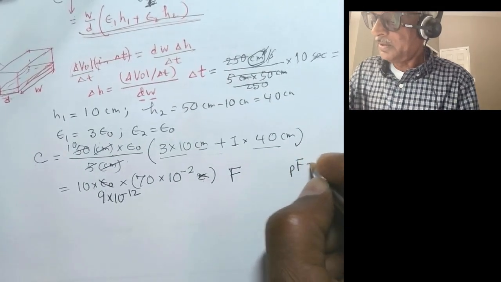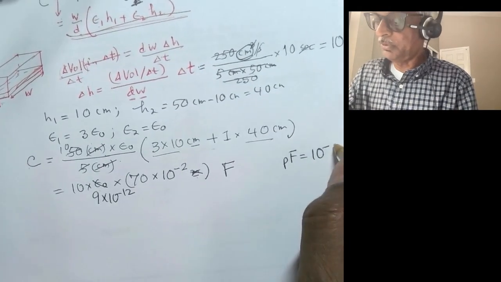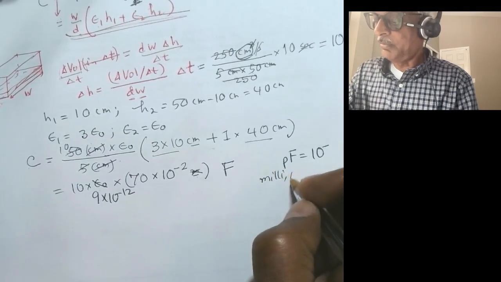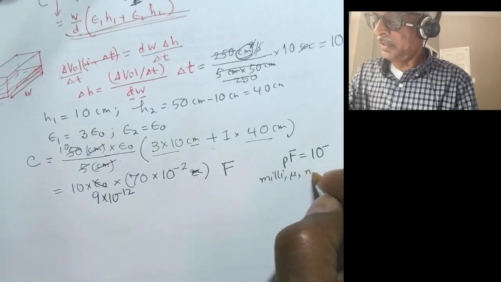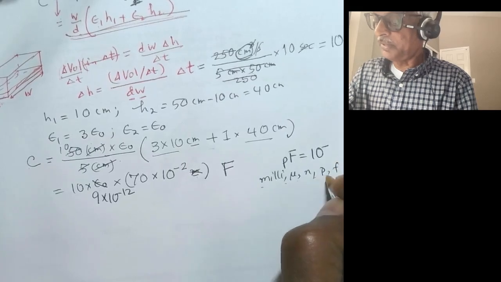If you don't remember what pico is, you can say milli, then micro, then nano, then pico, all factors of 1000.